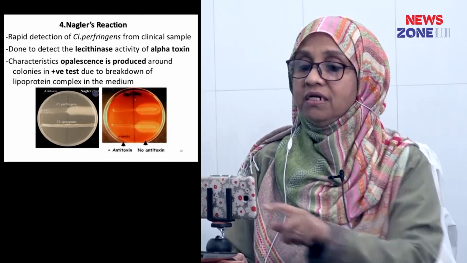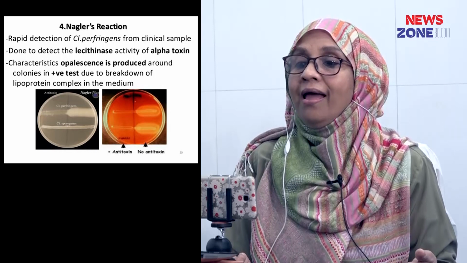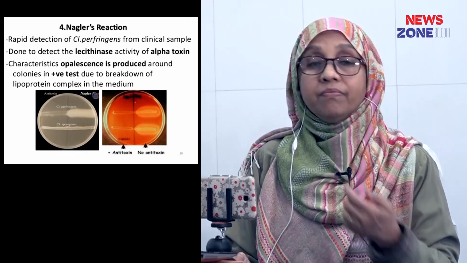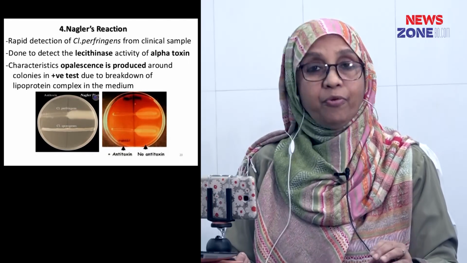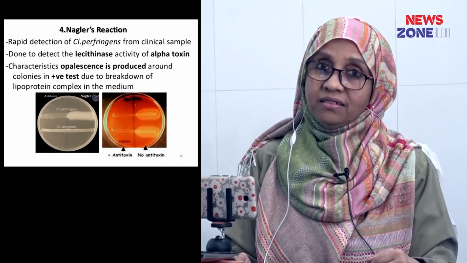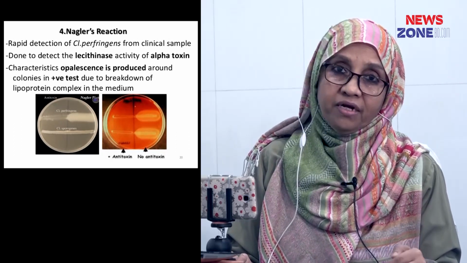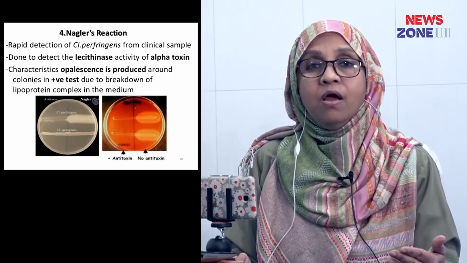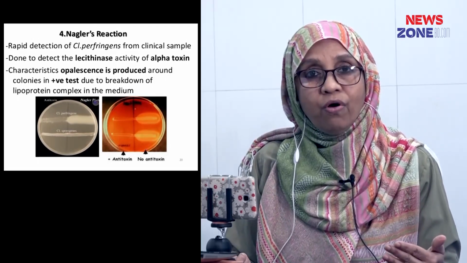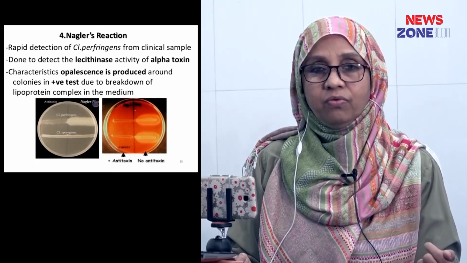To identify this lecithinase, we can culture on a plate, and this alpha toxin or lecithinase will break down the lipoprotein complex if we add it in the medium. So the organism will break down the lipoprotein complex in the medium, producing opacity, indicating the growth of Clostridium perfringens. This is one test we can do.